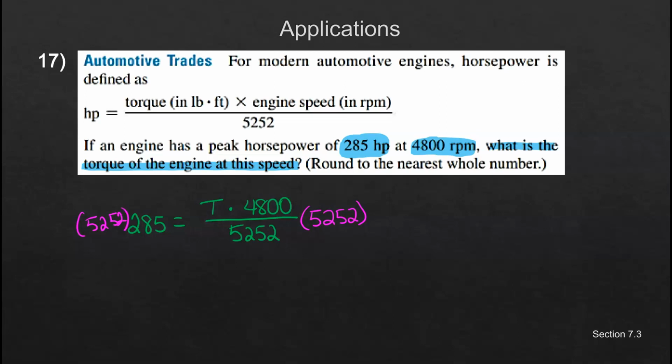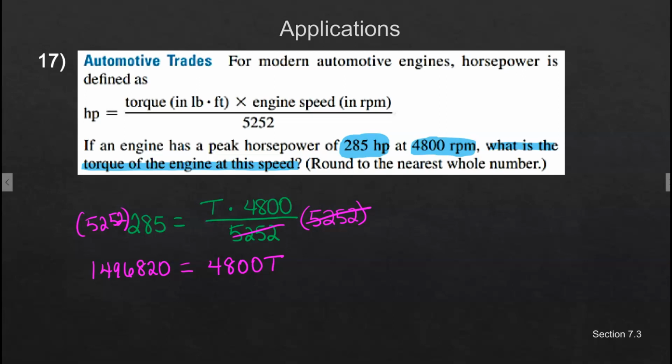And then we multiply that out. Let me write this out and then I'll say it. So that is 1,496,820. And that equals, this cancels out, 4,800 T. So I'm going to write it that way because usually we put the variable to the right of any of the numbers there.